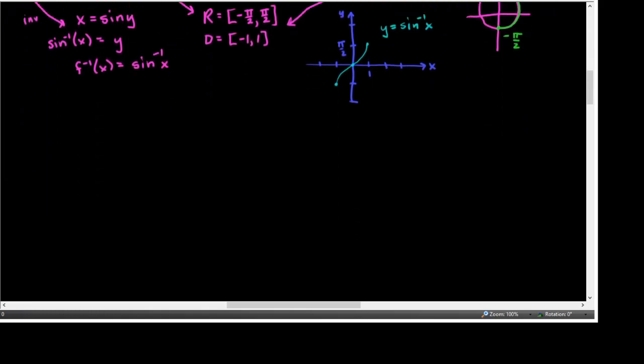Okay. Now let's do cosine. Same idea. So I'll mark the x-axis by intervals of pi over 2 and the y-axis by marks that are 1 each.